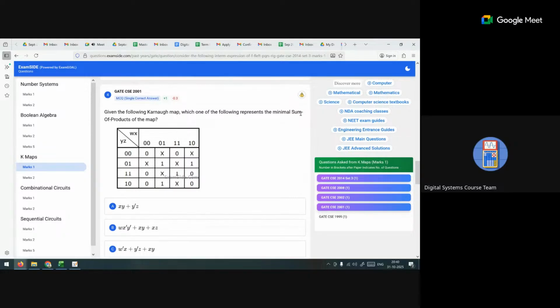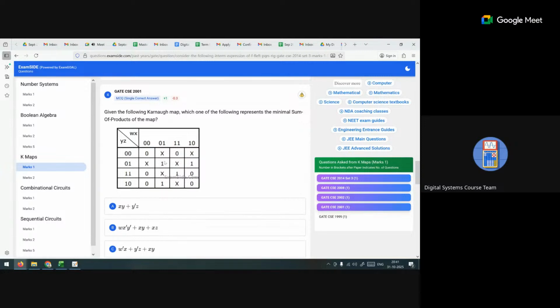Now they are asking about the minimum sum of terms, minimal SOP. So if you check, I can create the second row as a group, which will be considered two don't care conditions and two ones. And one group is the third and fourth row, second and third column. So I can create a second group.